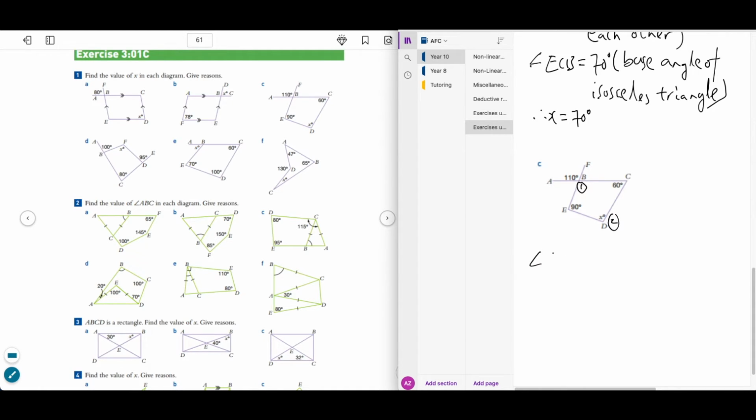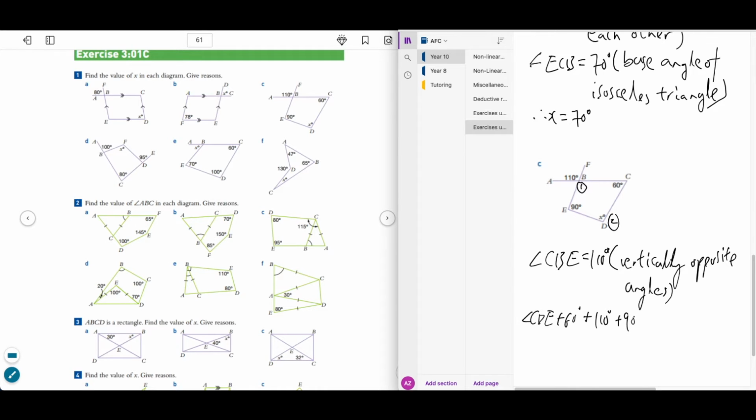Angle CBE is equal to what? 110 degrees, and the reason? Vertically opposite angles. Then you can say angle CDE plus 60 plus 110 plus 90 is equal to 360 degrees, right?